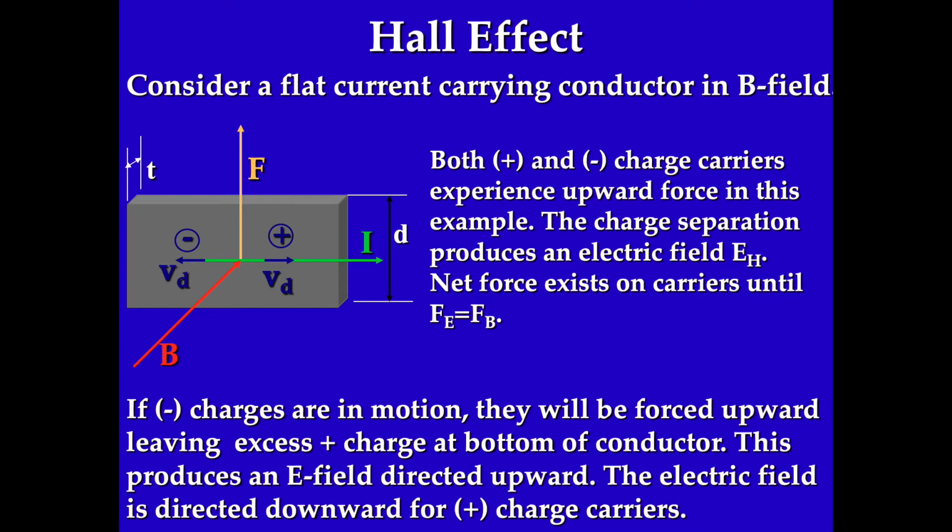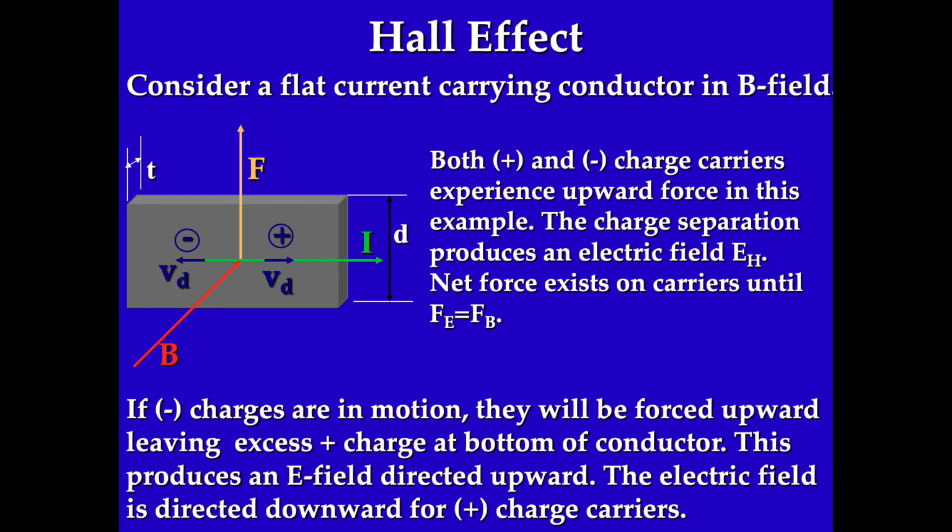The force on them is going to be upward. So you're going to have a bunch of electrons moving toward the top of the conductor, leaving a deficiency of electrons on the bottom part, which means the bottom part of the conductor is going to be positive, and the top part is going to be negative.